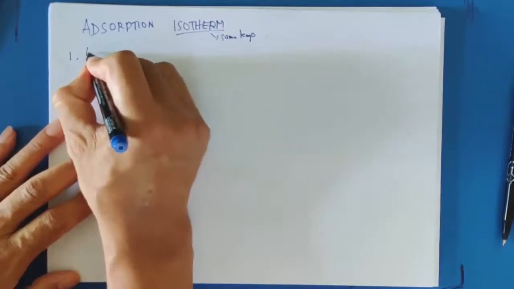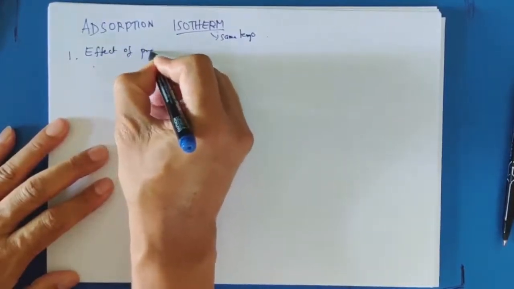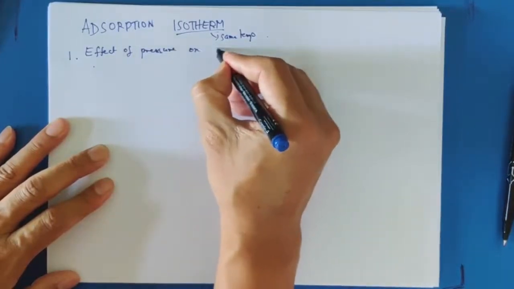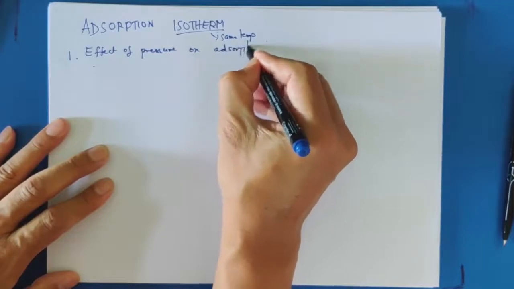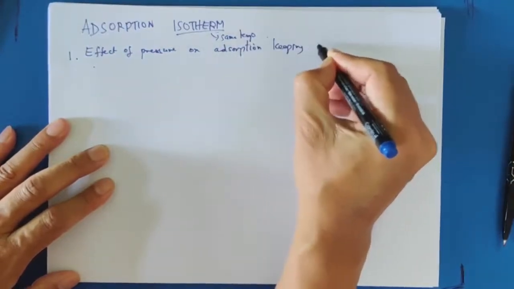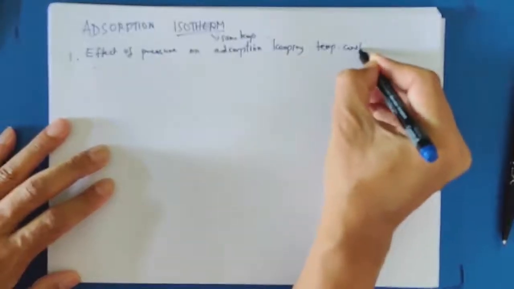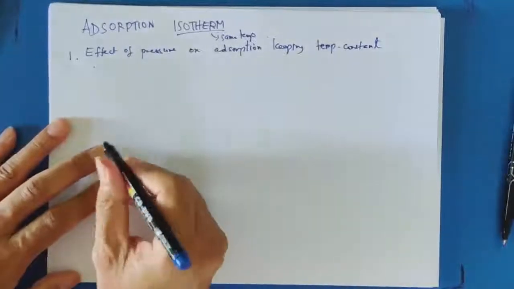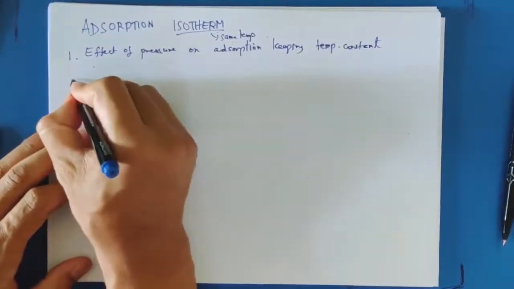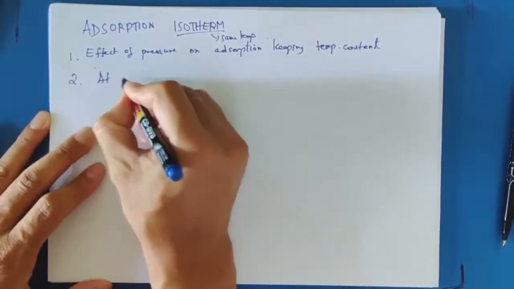Point number 1. This is all about the effect of pressure on adsorption, keeping temperature constant. Point by point.